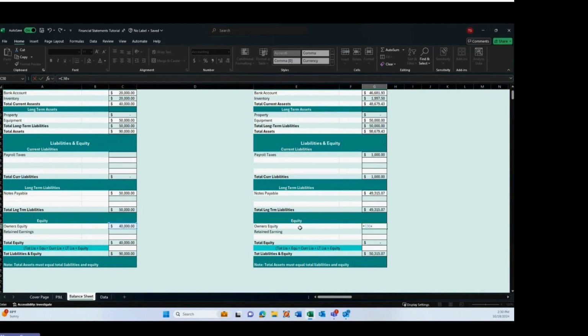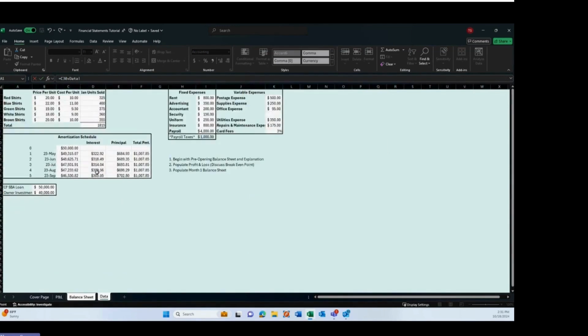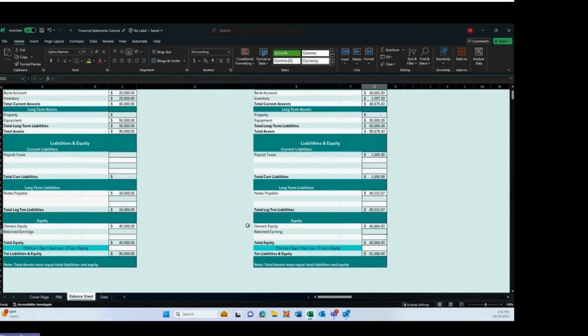But to that, we also need to add that payment that we just subtracted from our liability. So that transfers from our long-term liabilities down to our equity. So we go back over to our data, that payment was $684. Add that, and there we go.